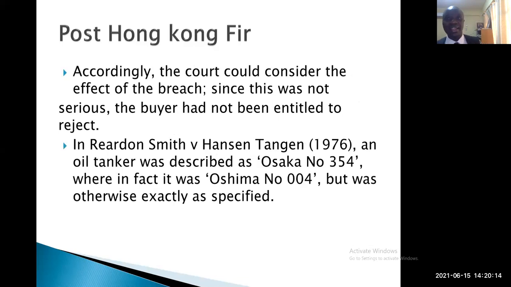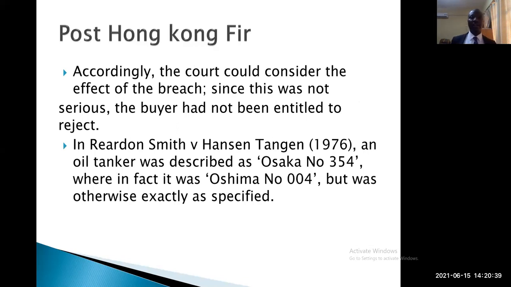Accordingly, in the Mihalis Angelos, the court held that it could consider the effect of the breach. And since in the circumstances of this particular case the effect of the breach was not serious, the buyer was not entitled to reject the goods. The buyer was not entitled to repudiate the contract.